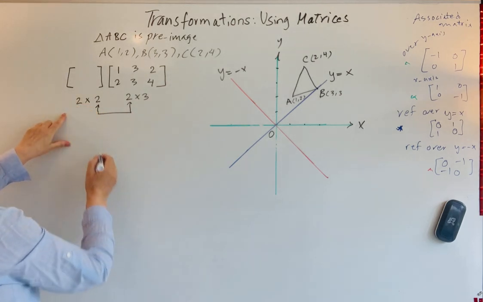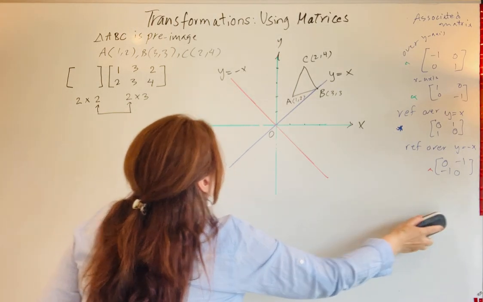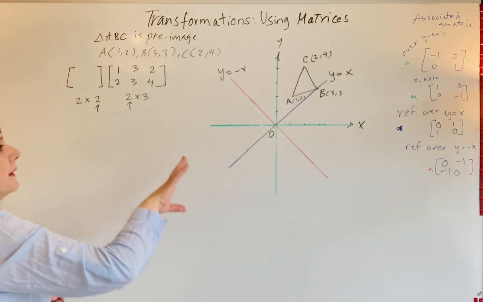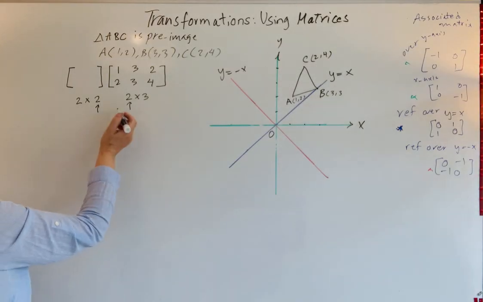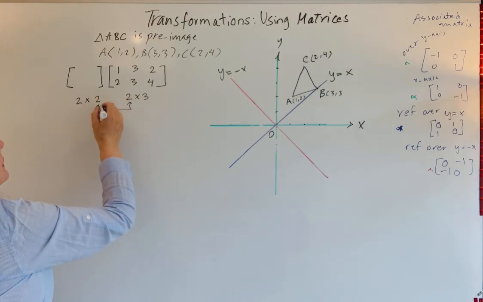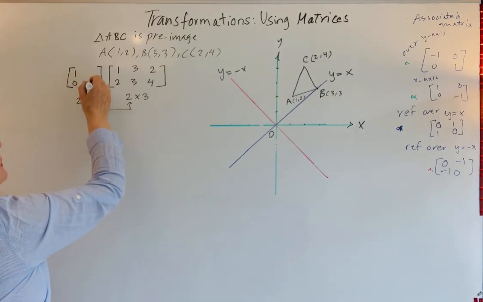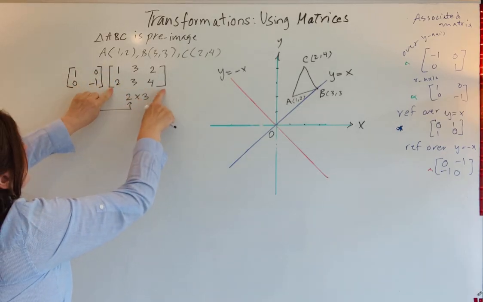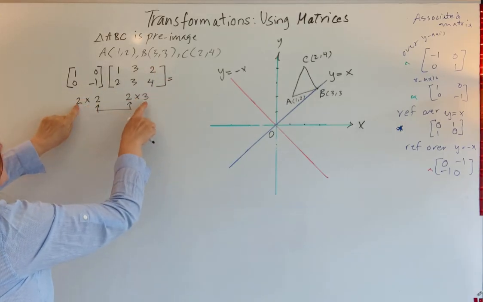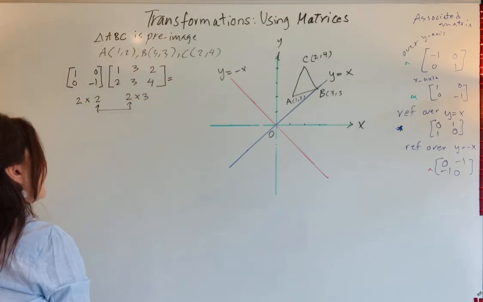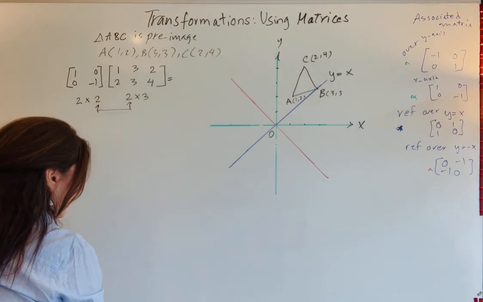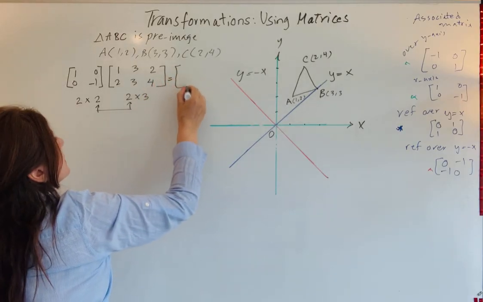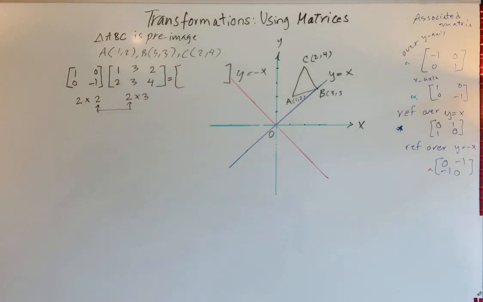We use a 2 by 2 matrix, the associated matrix for reflecting over the x-axis. It is 1, 0, 0, negative 1. Multiplying this by this one gets a 2 by 3 answer. How can we do that?